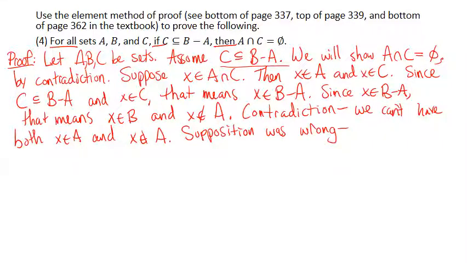There is no X in A intersect C. That was our supposition, so there is no X like that. I'm sorry, guys. So there is no X in A intersect C, so A intersect C is empty. And that's it.